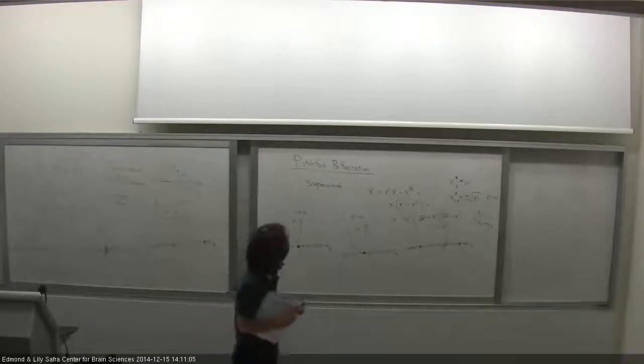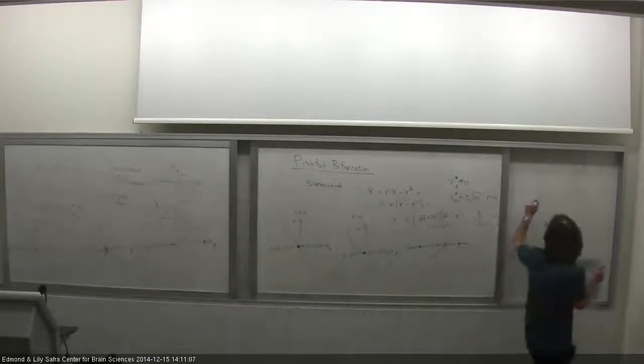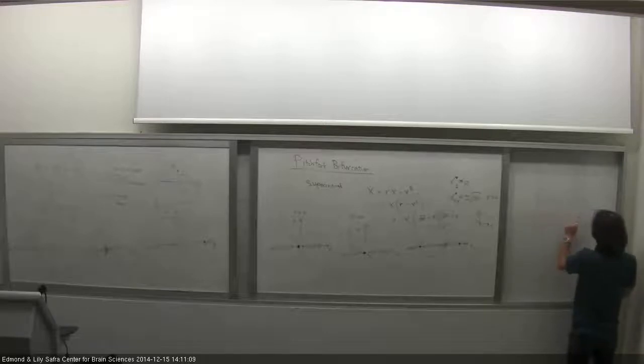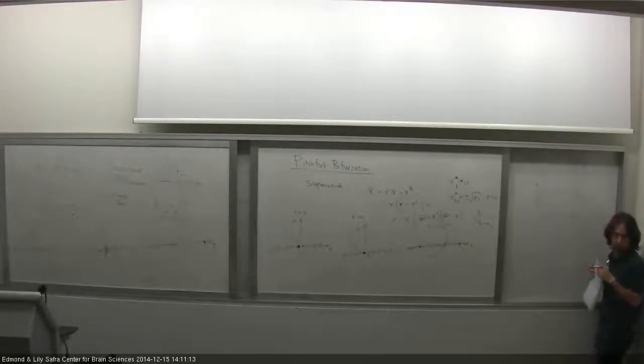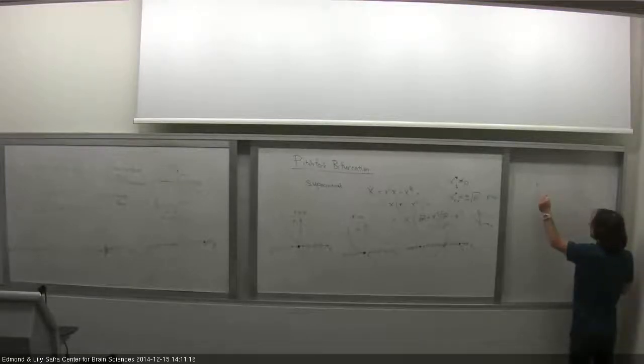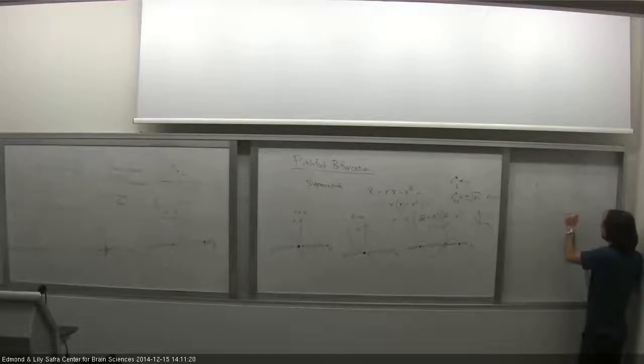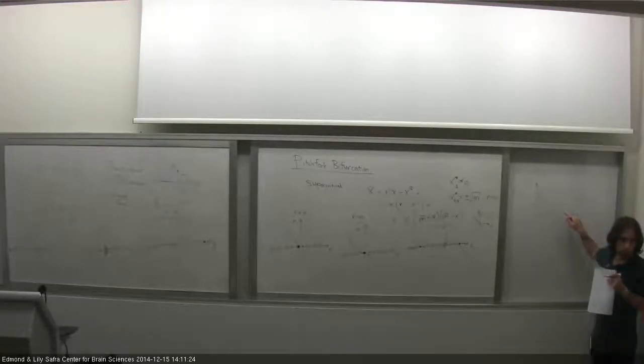So if you plot the solutions, this is t and this is x. An exponential decay would go like this, but the other type of decay will be slower.